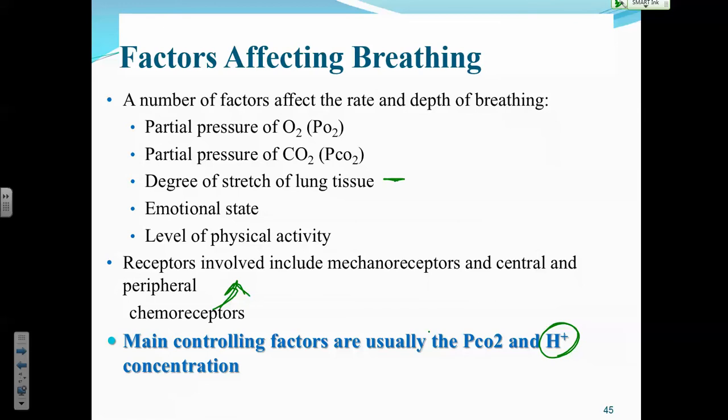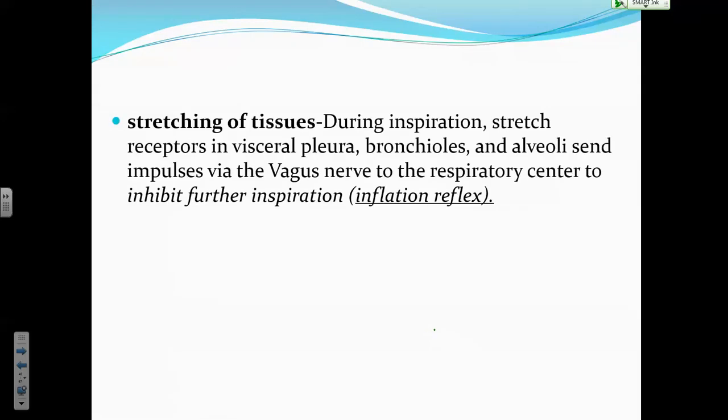All right, let's flesh out some of this. First of all, the stretching of tissues. You've got stretch receptors. These are some of those mechanoreceptors. They're in various places around or within the lungs, and when you inhale, they get stretched, and they don't just keep stretching. At some point of stretch, they send an impulse to your respiratory center that prevents further inflation.